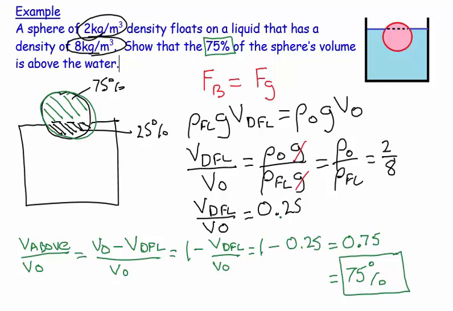And I could have asked you what percentage of the sphere's volume is below the water, and that would have been my answer as a percentage. But here I'm asking what percentage of the sphere's volume is above the water, so I have to recognize that the volume above over the entire volume is equal to the entire volume minus the volume below over the entire volume, and then let the math take care of itself.